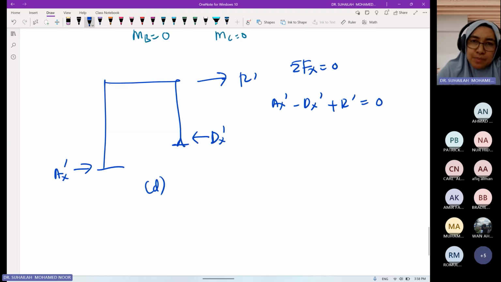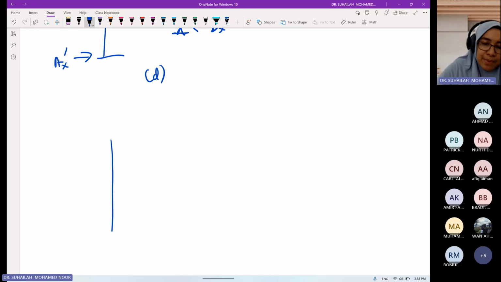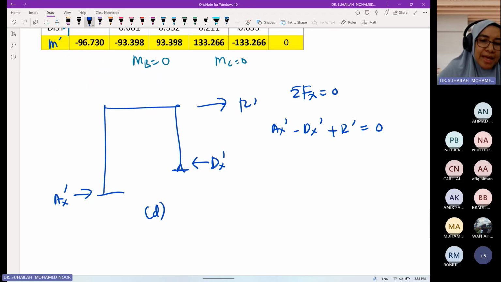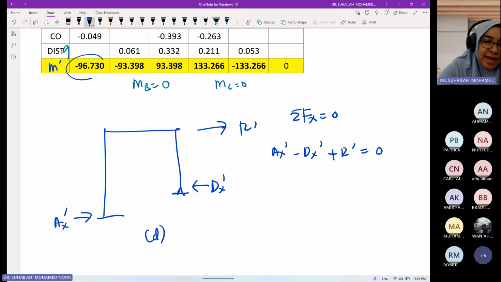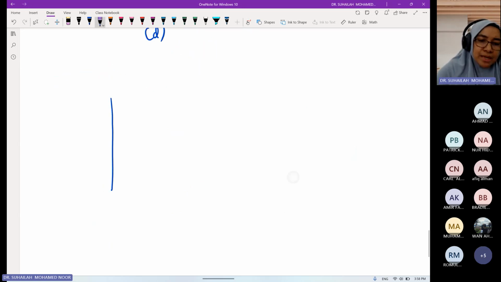So AX prime and DX prime come from column AB. In column AB we have negative. Okay, negative means that moment here is negative.